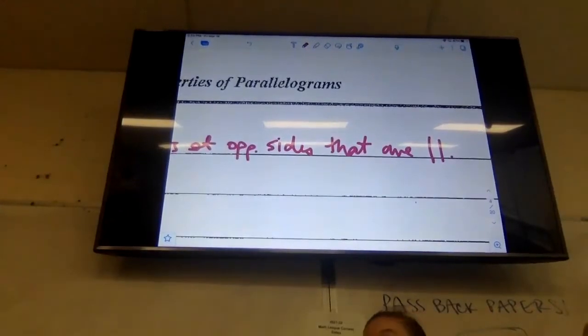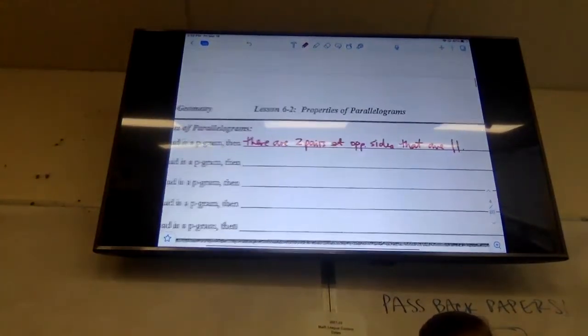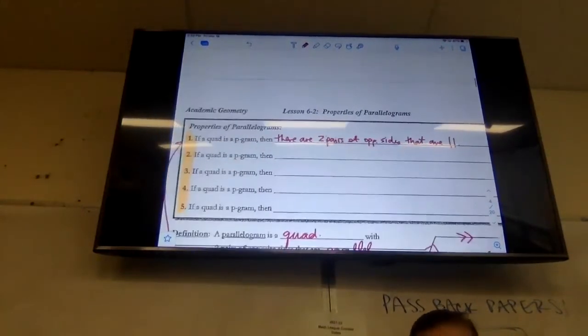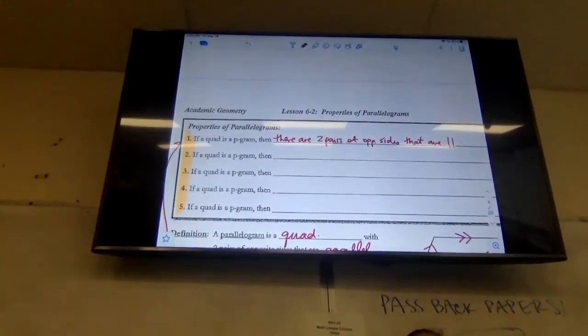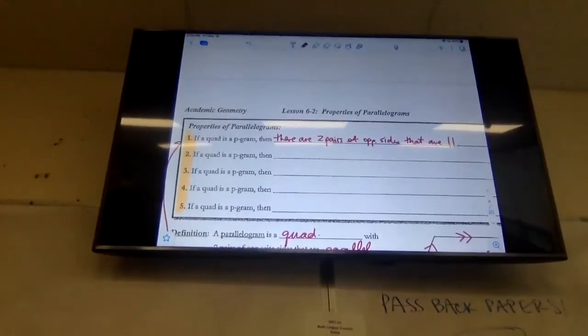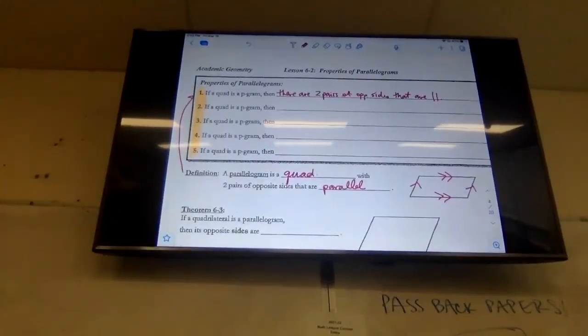It is right over here. Can you see that? Okay, perfect. If a quad is a p-gram, then there are 2 pairs of opposite sides that are parallel. So that was just the definition we had learned. We talked about already. We knew that one, okay? Everybody good? That's the first thing we need to know about parallelograms.